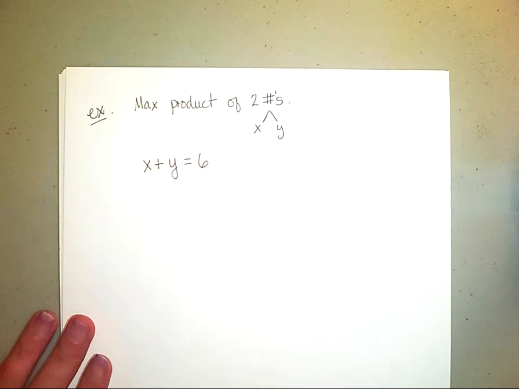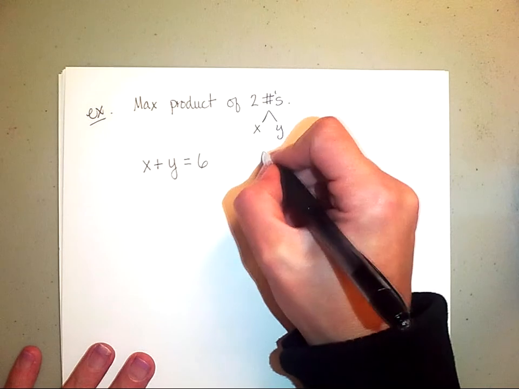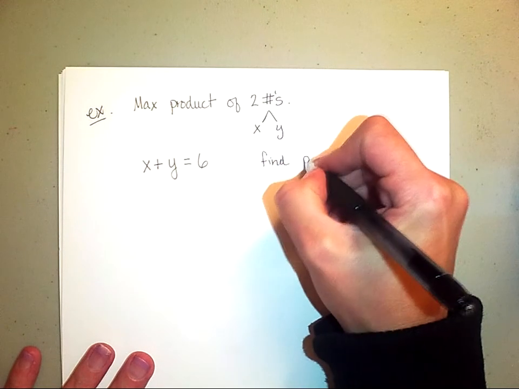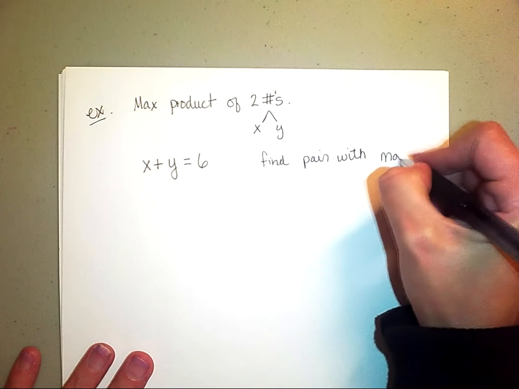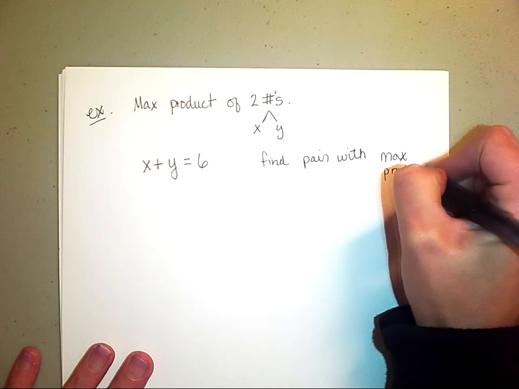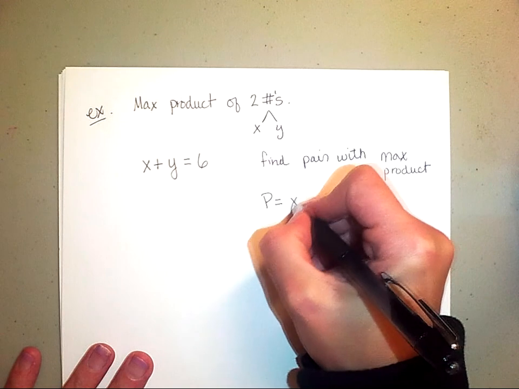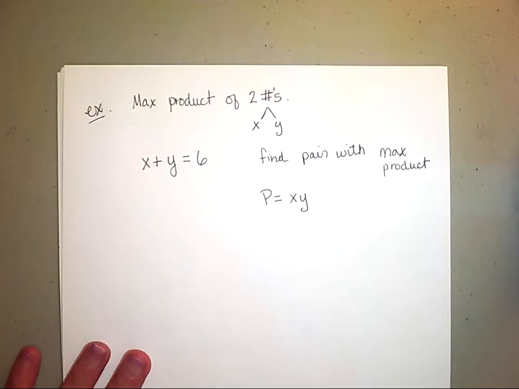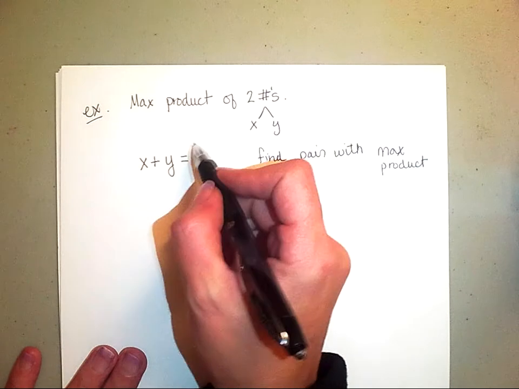When you add them together, they become 6. Okay? So I'm looking at just those pairs of numbers. And now I want to find the pair with the maximum product. Okay, so the product of x times y is what we're looking for. We want this to be maximized.